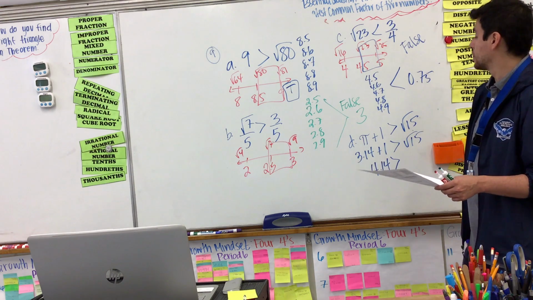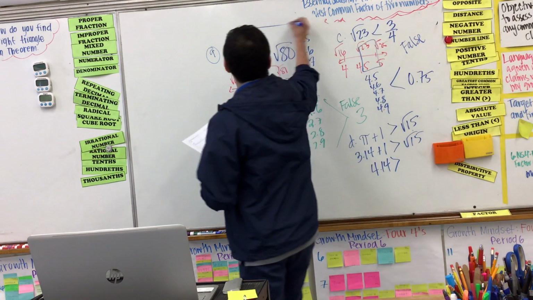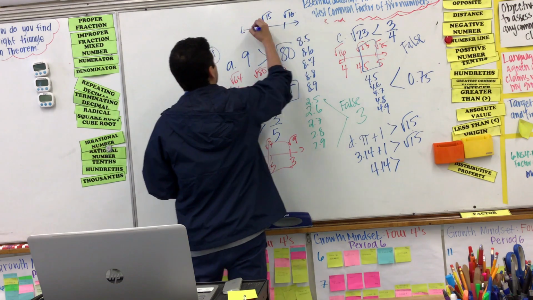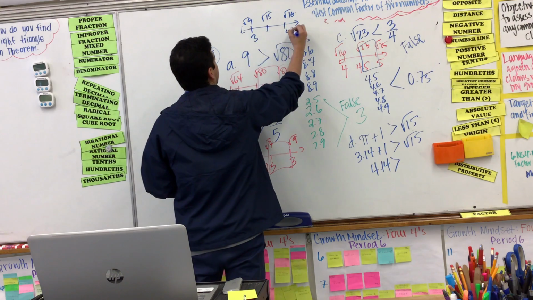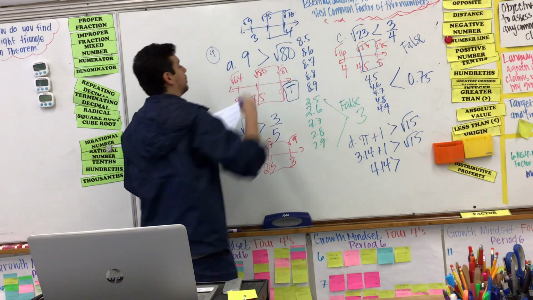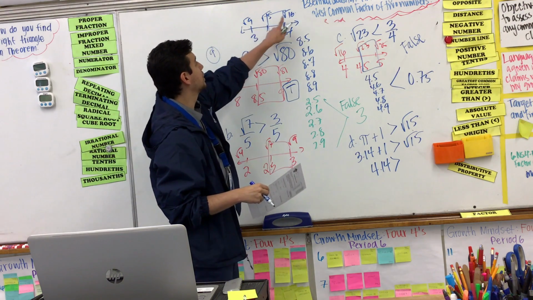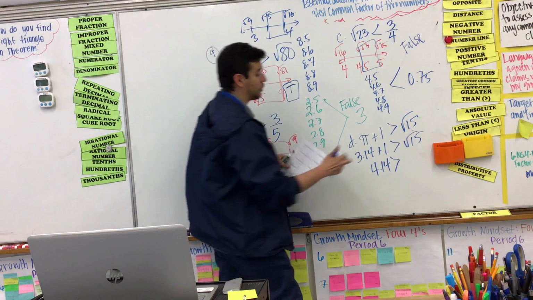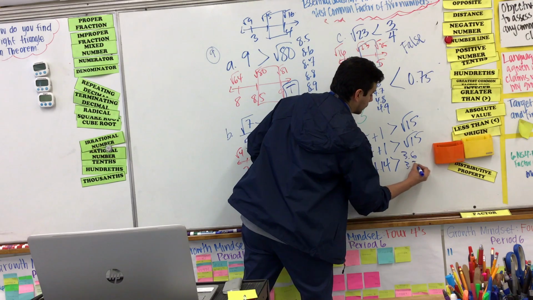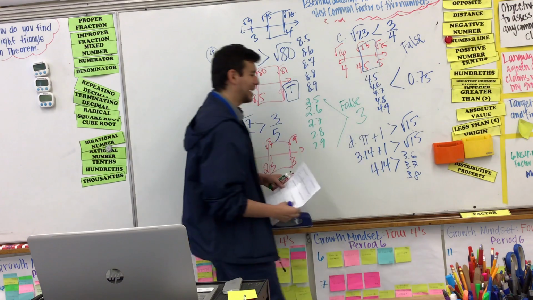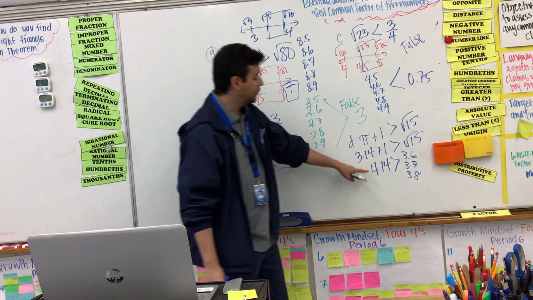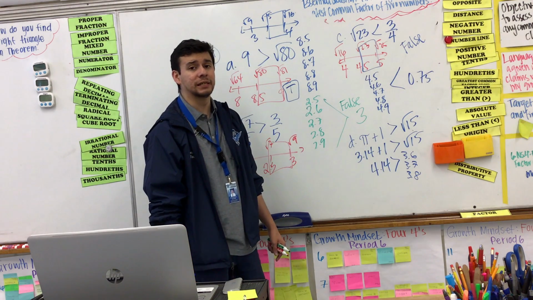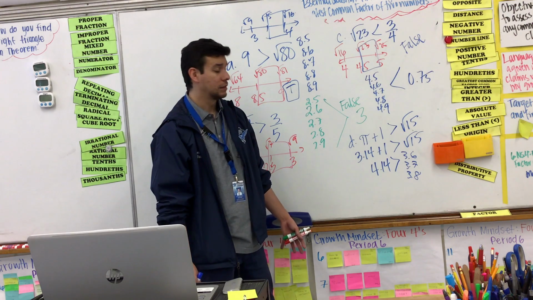Now I have to do the square root of 15. So I'm going to do a quick number line. I know that's 16, that's 9, 3, 4. I'm also going to pick this side because look, 15 is closer to the square root of 16. So I can pick 3.6, 3.7, 3.8, but you could actually just stop. Is 4.14 bigger than 3.60?